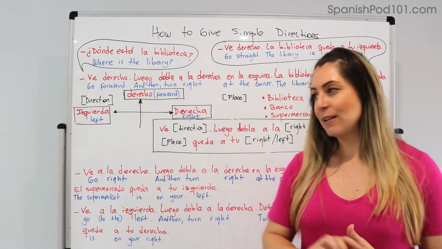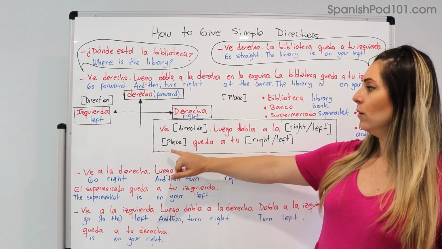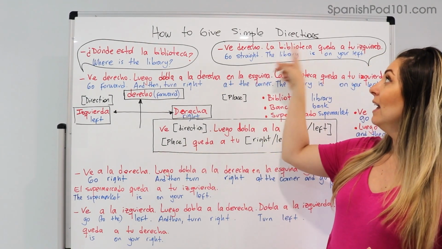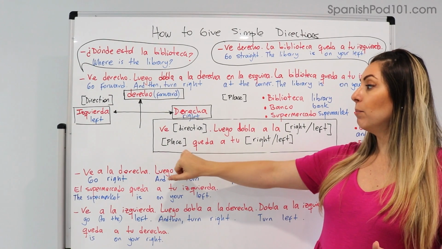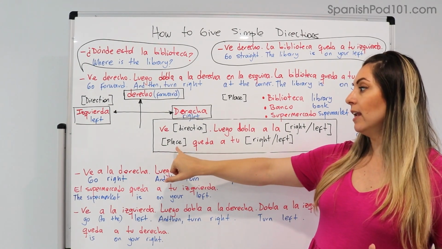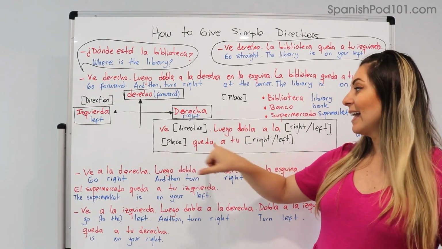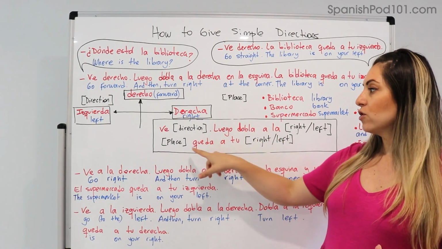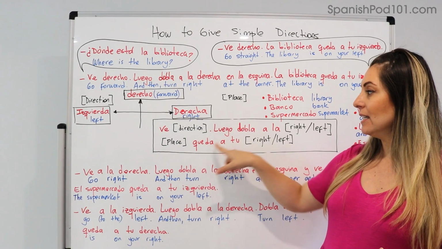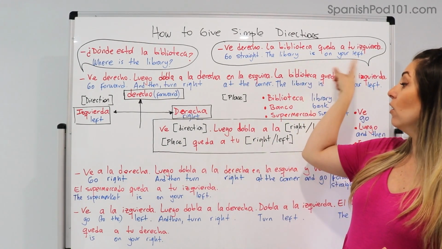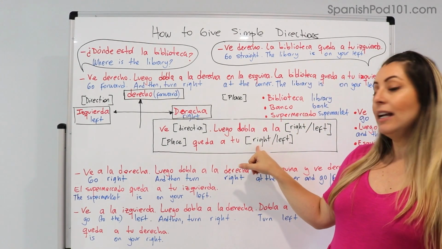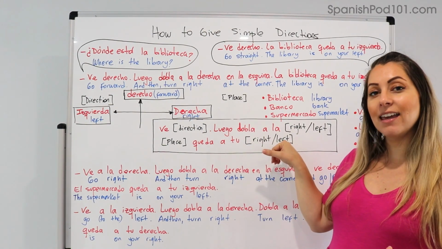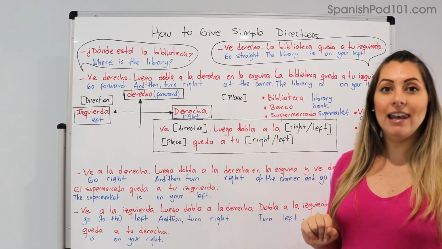Muy bien. And then we are going to mention the place. La biblioteca, por ejemplo, ¿sí? For example, the library, la biblioteca queda a tu right or left. So the library is to your, ¿sí? Or on your right, derecha, izquierda es left.